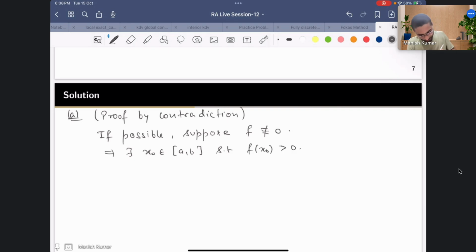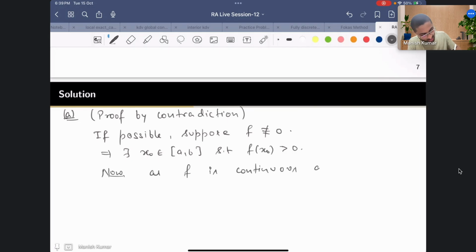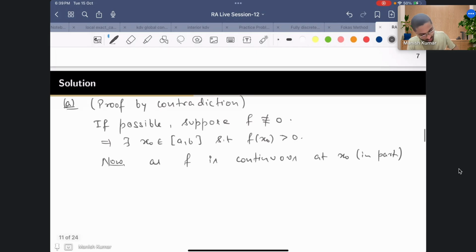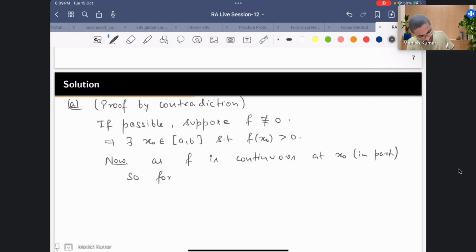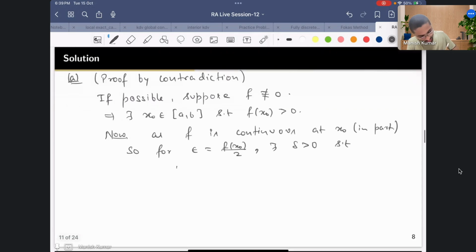Now, as f is continuous on this whole interval AB, in particular at x naught, for epsilon equal to f of x naught by 2, there exists delta greater than 0 such that |f of x minus f of x naught| is less than epsilon, which is f of x naught by 2, if x lies in a delta neighborhood of x naught.